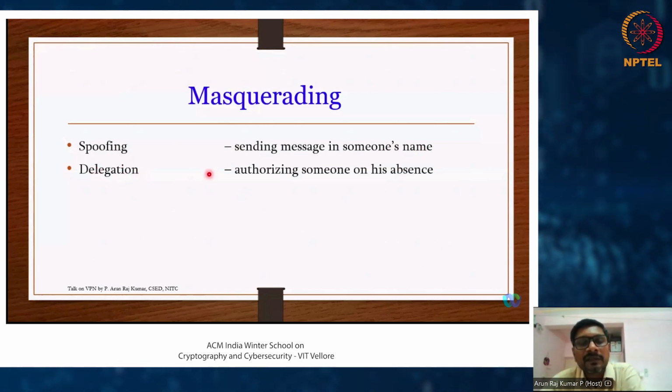And delegation is, suppose the HOD is on leave today, so he may authorize some other faculty to be HOD in charge. So delegation is something legal and spoofing is something illegal.